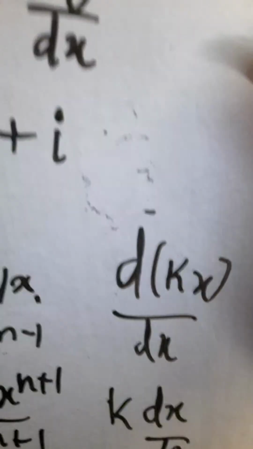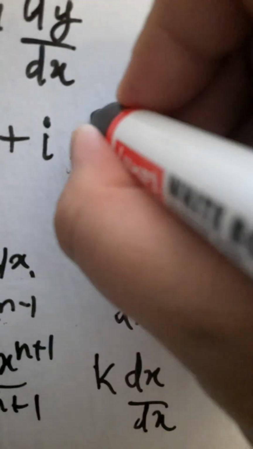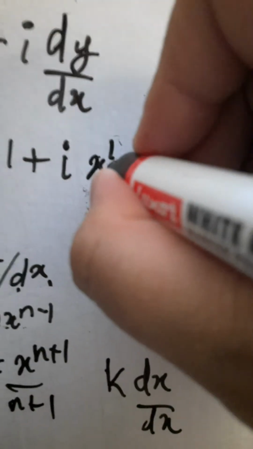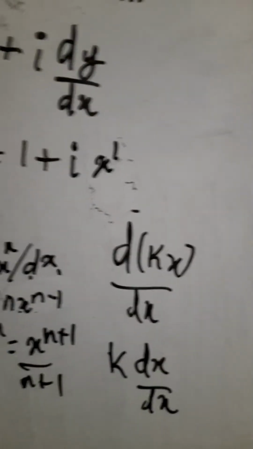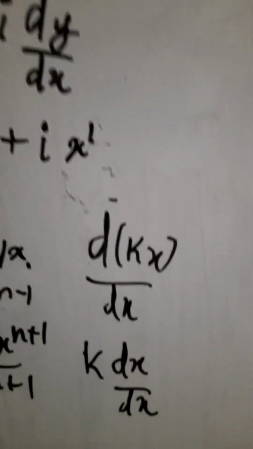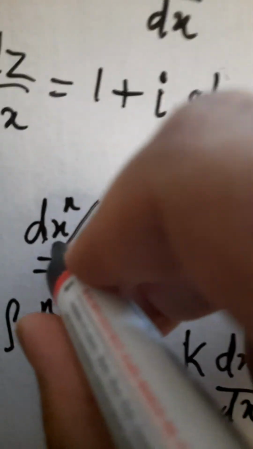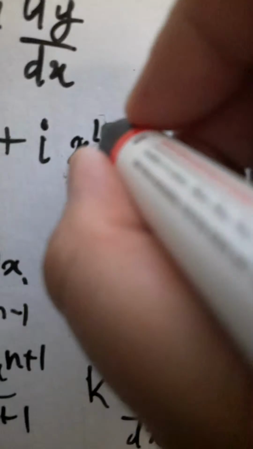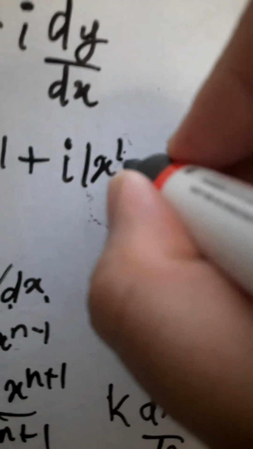Now dx by dx would have been x raised to 1. It is like d by dx of x we are taking. So x means x raised to 1. Since derivative of x raised to n is n x raised to n minus 1, this n would go here. This would be 1x.